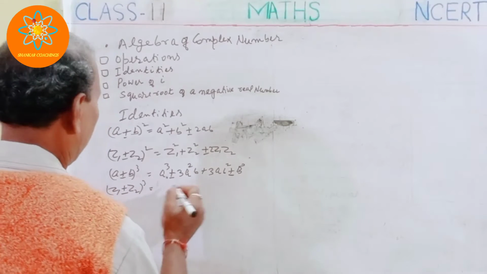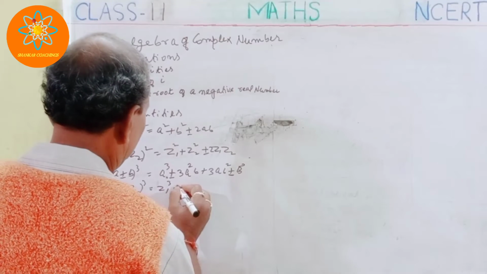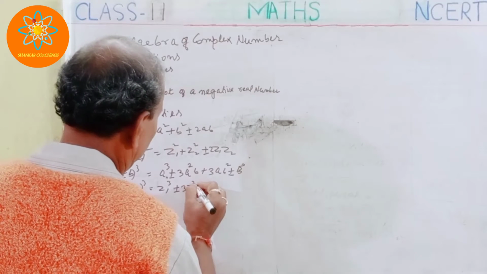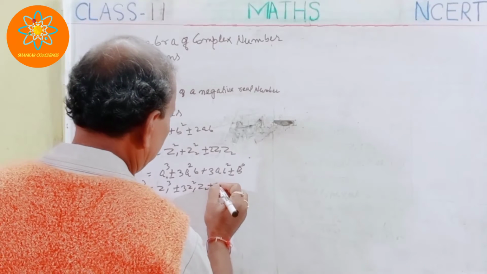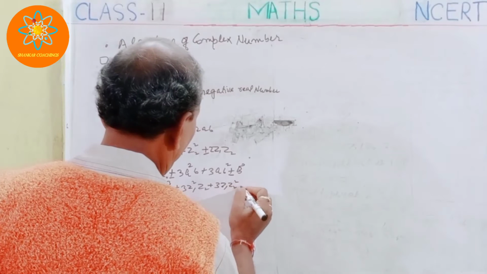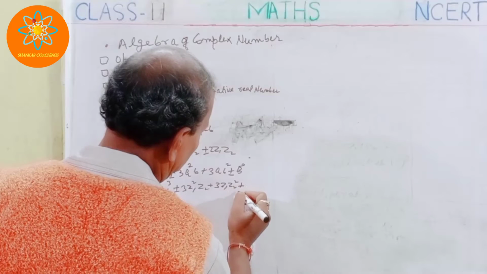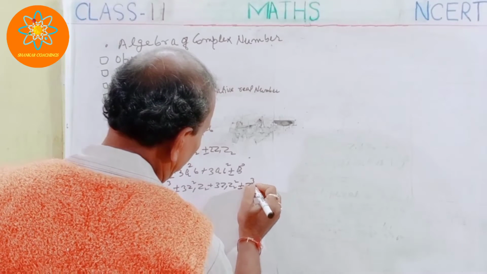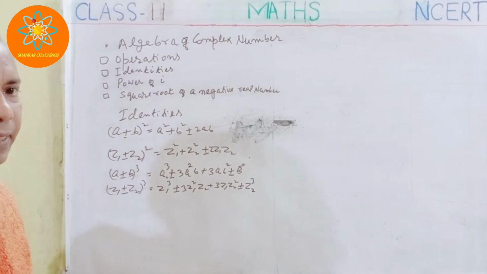This is equal to z1 cube plus minus 3 z1 square z2, plus 3 z1 into z2 square, plus minus z2 cube. So this is one more identity.